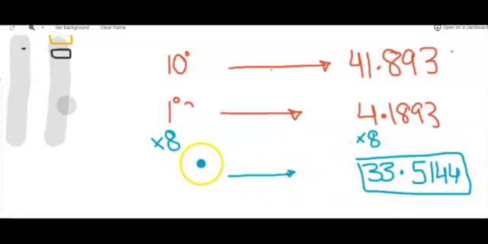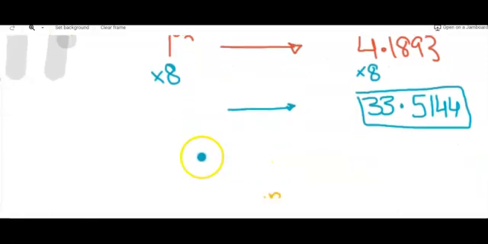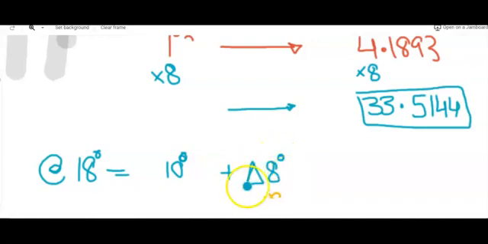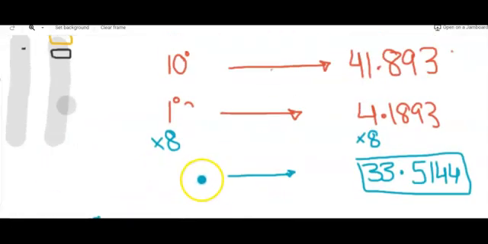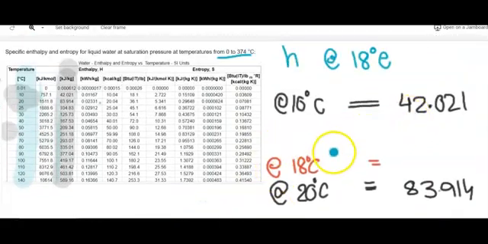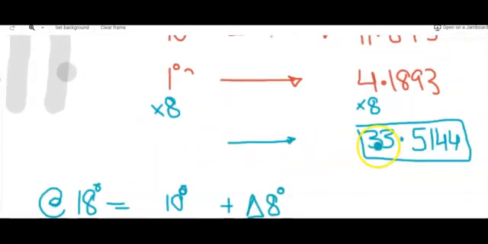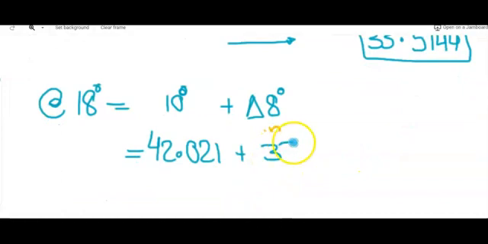Now this is from 10 add 8. So I want at 18 degree. So 18 degree is going to be whatever value at 10 degrees plus the difference you calculated at 8 degree. The 10 degree value, I will go back. Is that 42? I write 42.021. And the difference for 8 degree I just calculated, 33.5144.